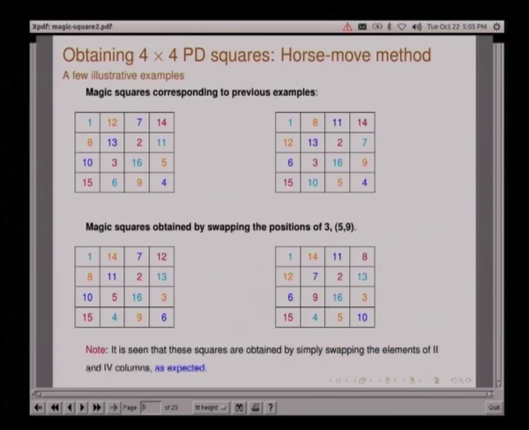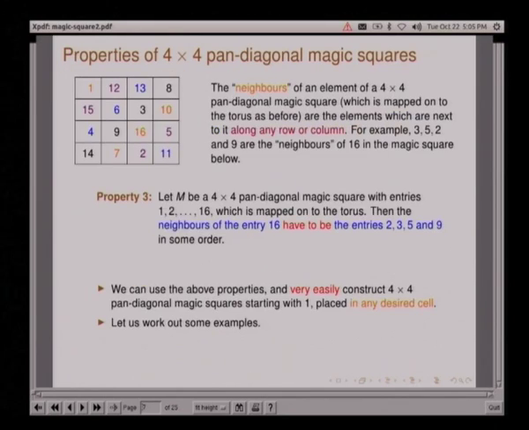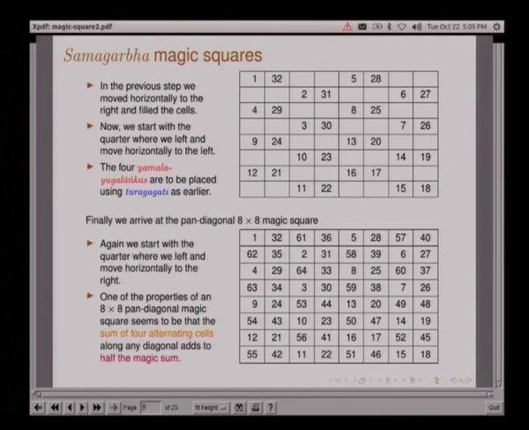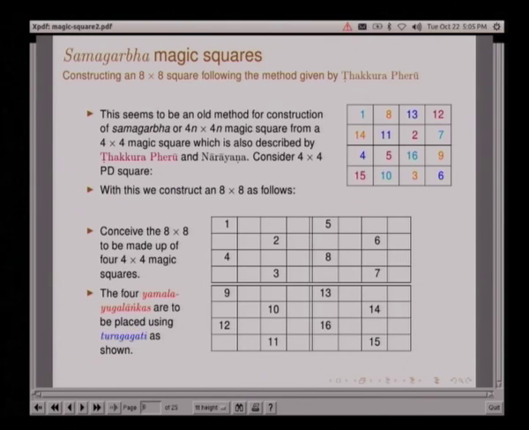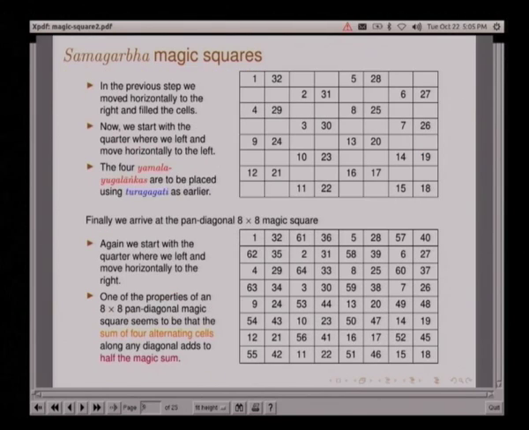Now, we move on to the 8 by 8 magic square. In the case of 8 by 8, we just have to place 1, 2, 3, 4, 5, 6, 7, 8, all of them in the same clockwise manner, and then in the next step we placed 16 here and then immediately 17.